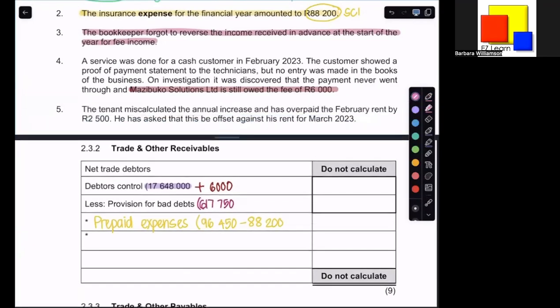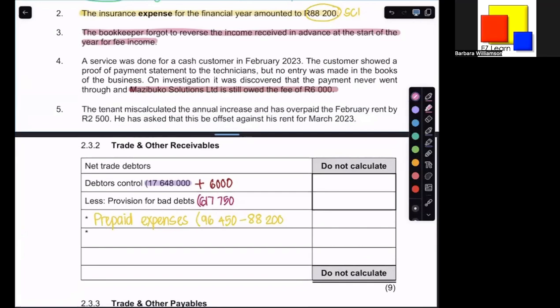Number 5, the tenant miscalculated the annual increase and has overpaid the February rent by 2,500. He has asked that this be offset against his rent for March 2023. That means that the rent account amount is too much.